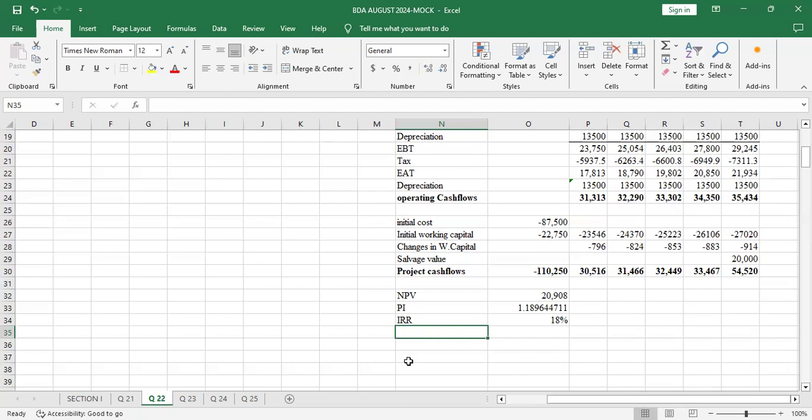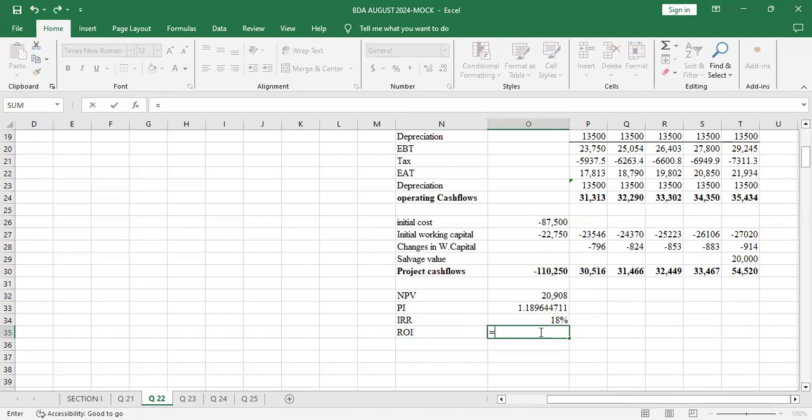Another thing is the return on investment, ROI, of that project. This is what you do. The formula for the return on investment is that you pick the NPV and you divide by the project cash flow for year 0, the cash outlay.